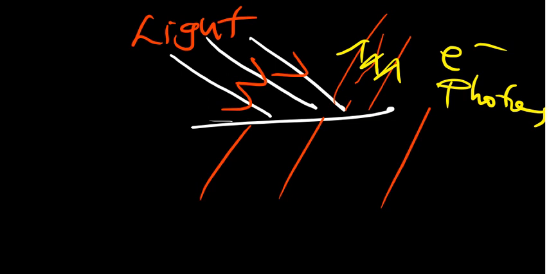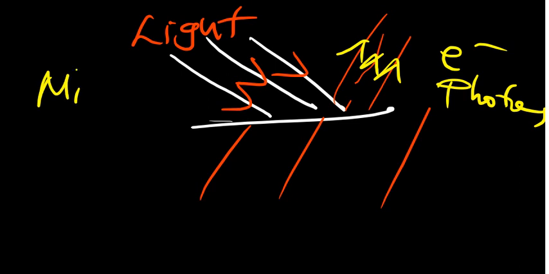We looked at some very important things there. Is it always that when light strikes a metal surface, there will be emission of photons? No. There's a minimum frequency that is required.